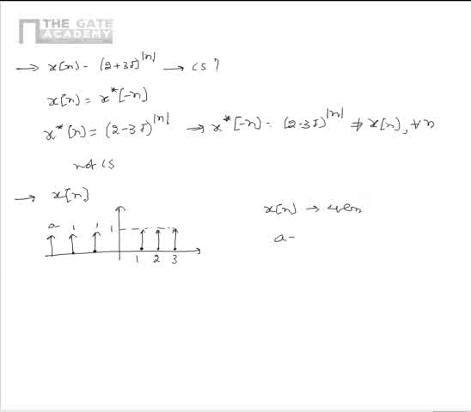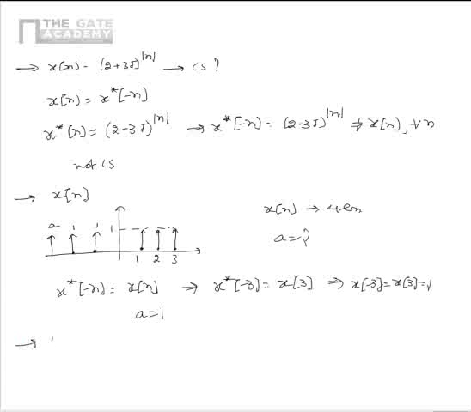Then we need to find the value of a. We know that if x of n is even, x star of minus n is equal to x of n for every n. From this, for n is equal to 3, x star of minus 3 is equal to x of 3. As x of n is real, x of minus 3 is equal to x of 3 is equal to 1. From this, a is equal to 1.